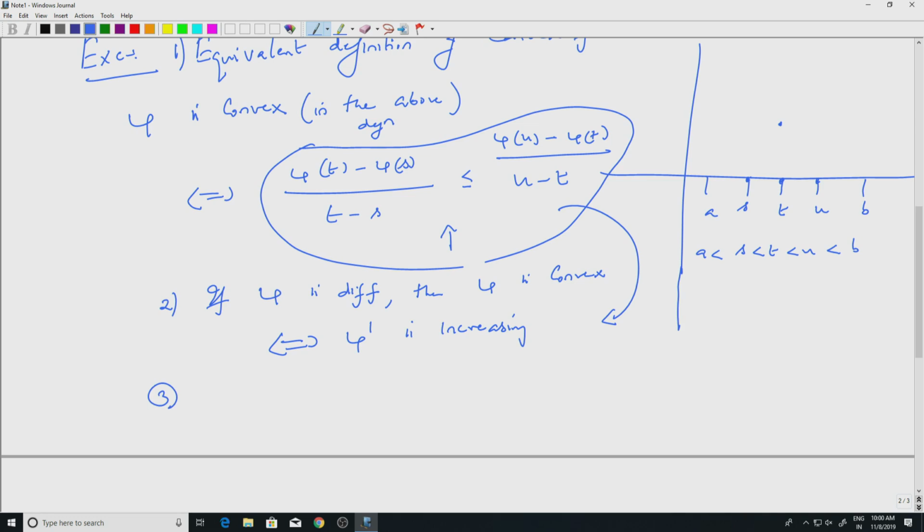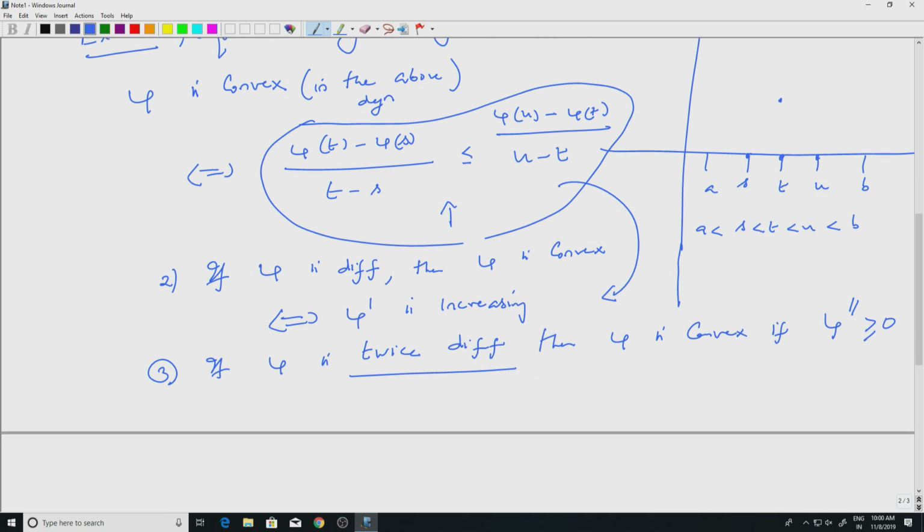Well, this immediately implies that if phi is twice differentiable, then phi is convex if phi double prime is greater than or equal to 0, right, that will do.